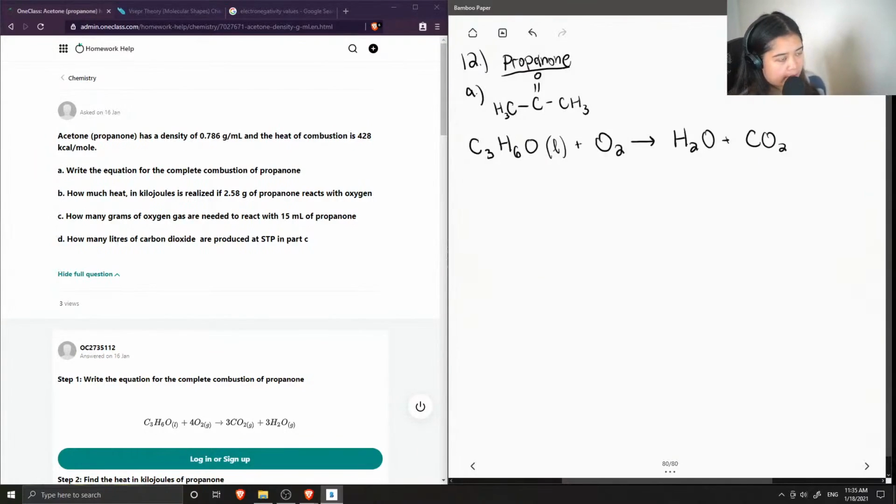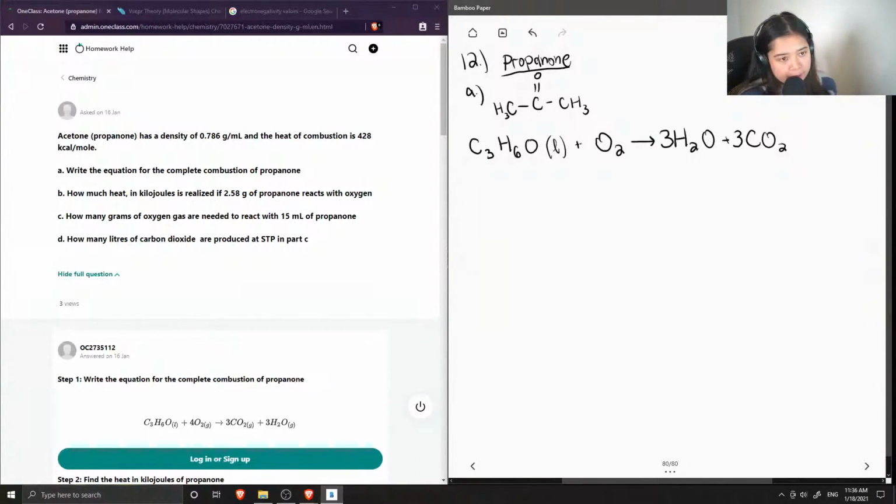So let's do carbon first. So carbon, on our reactant side, there are 3 carbons, so we just need to put a coefficient of 3 in front of CO2. And now let's balance out the hydrogens. So we have 6 hydrogens in propanone, so we just need to put another 3 in front of H2O.